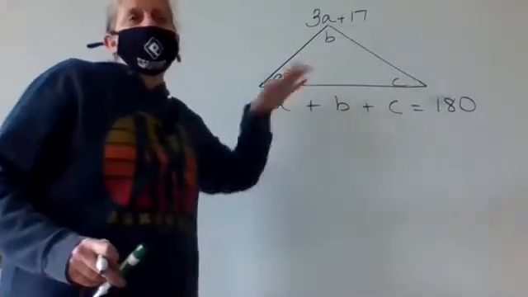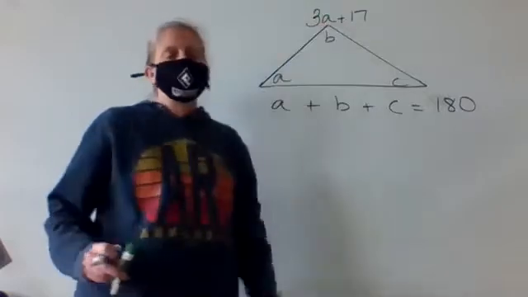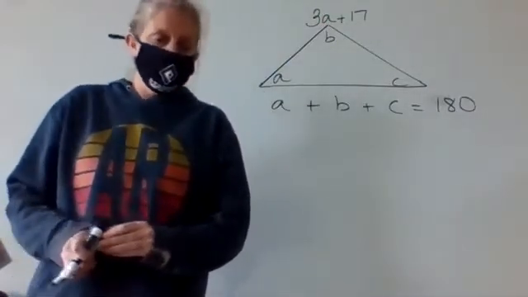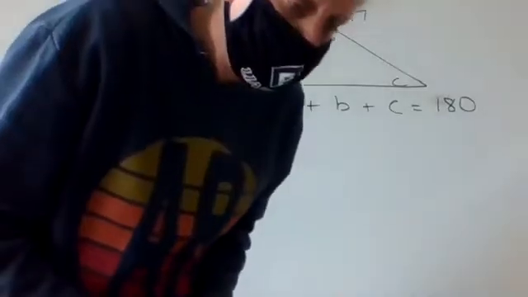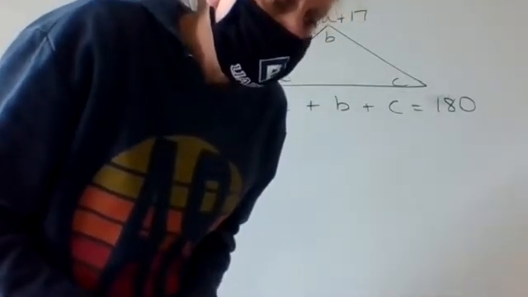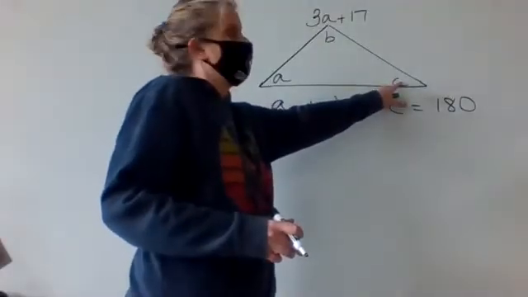17 more than 3 times angle A. I don't know how much angle A is, but I just know that angle B is 17 more than 3 times that angle. It also tells you a little information about angle C. Angle C is 43 more than angle A. So what can I rename angle C?